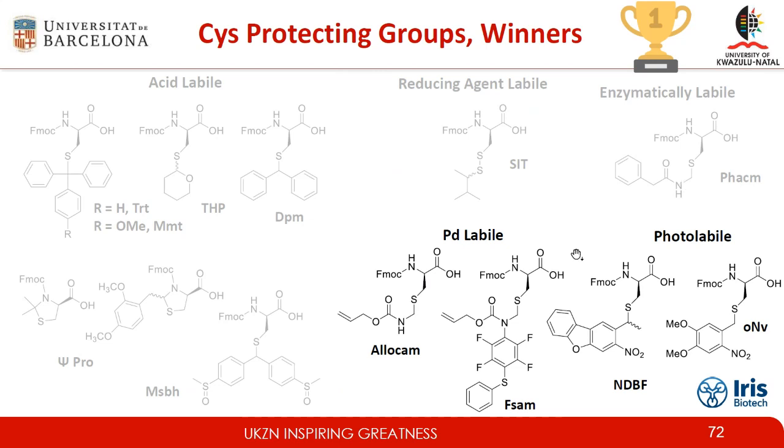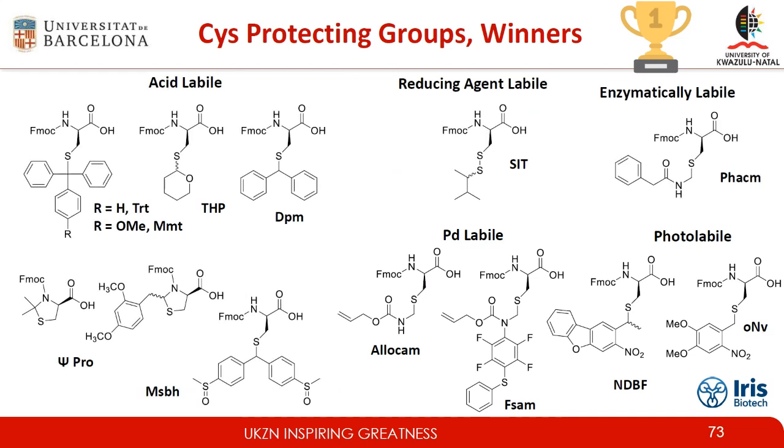The one commercially available is Allocam, but in collaboration with Ferswaki, my group was also working with the FESAM, which is much better for bulk chemistry. And finally, two photolabile groups, the NDPF, that is labile by light but also by infrared, and the orthonitrovalidyl, that is photolabile.